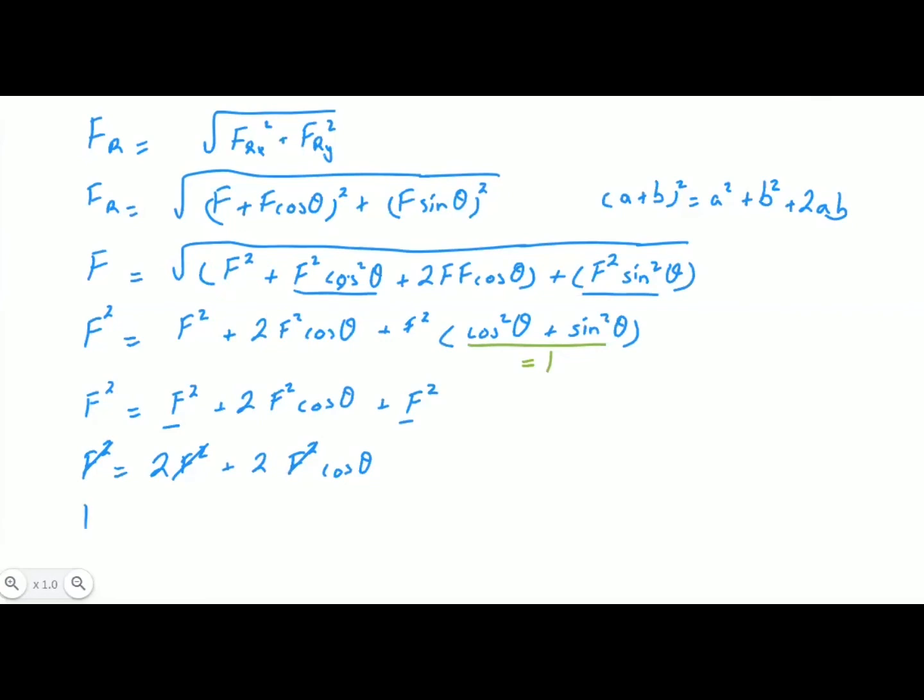1 is equal to 2 cos theta, and this will give cos theta equal to minus 1 by 2, or theta is equal to cos inverse of minus 1 by 2. And if you find the cos inverse of minus 1 by 2, then this angle theta will be equal to 120 degrees.